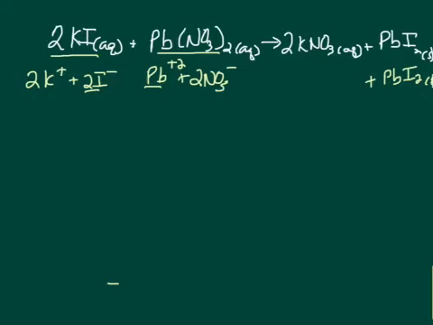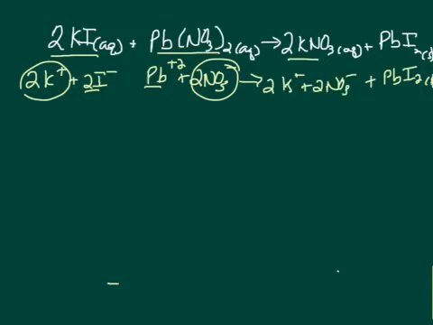And our other ions, our potassium ions and the nitrate ions, presumably would come together to form potassium nitrate, but again, another soluble salt. So potassium nitrate in solution is going to exist as dissociated ions. So I'm going to again have 2 potassium ions floating around in there and 2 nitrate ions as well.